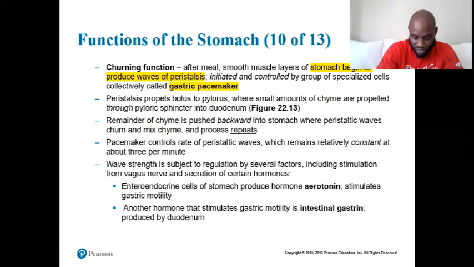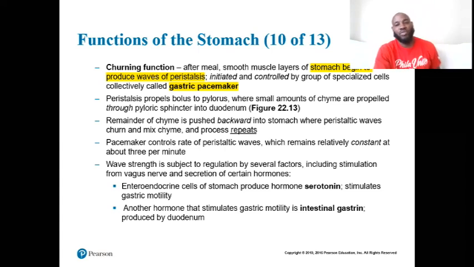We have this churning function of the stomach. We talked about this term peristalsis, which is controlled by smooth muscle. And it's initiated by a group of specialized cells known as the gastric pacemaker.